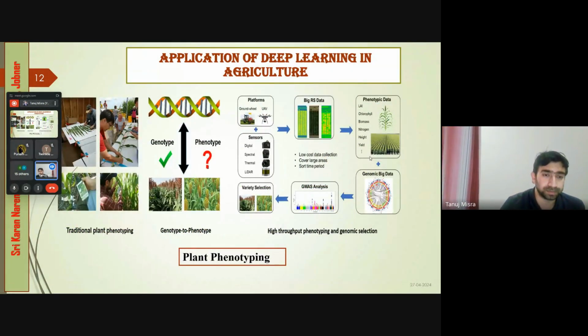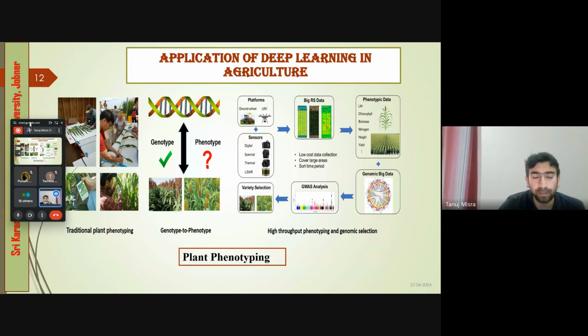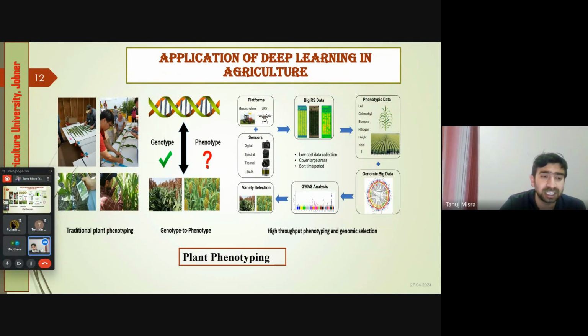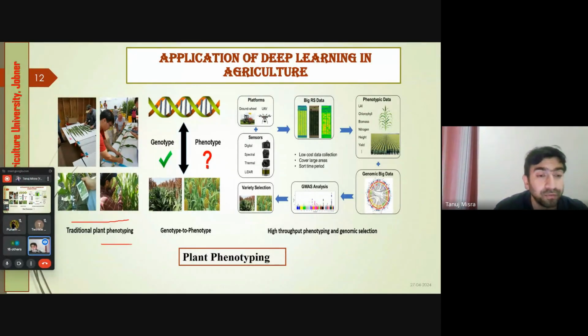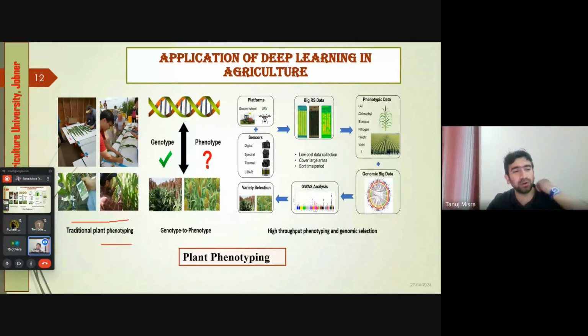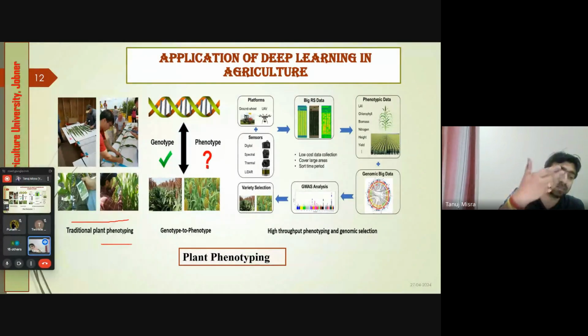Okay. So as this is an overview lecture, this is actually from an agriculture point of view, the traditional plant phenotyping. In traditional plant phenotyping, suppose we want to estimate the chlorophyll content of the plant. The traditional way is to use the SPAD meter. The SPAD meter is costly, around 2 lakhs. And before that, you have to extract the plant parts.